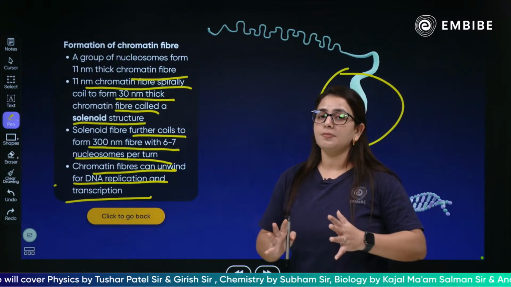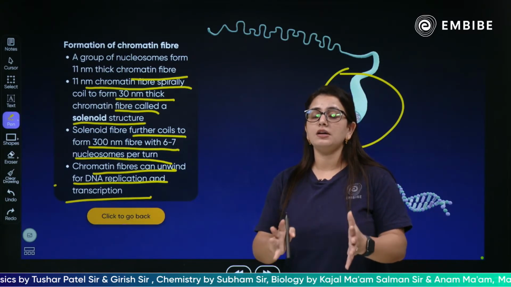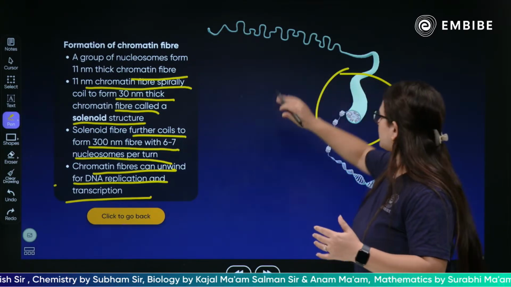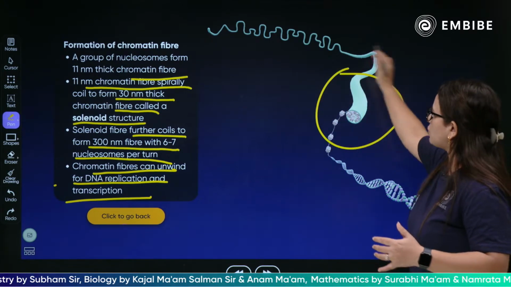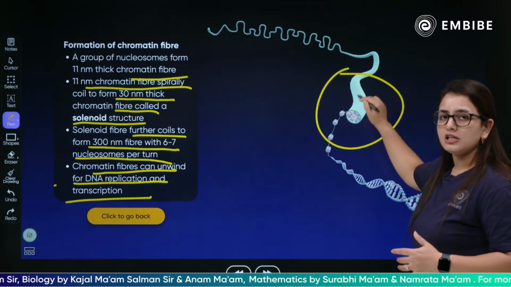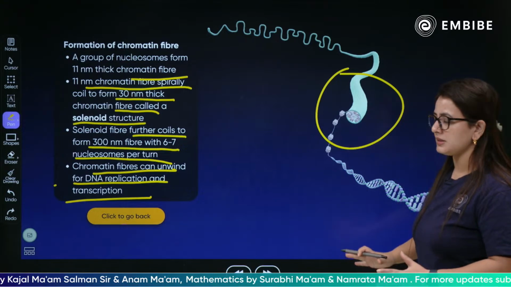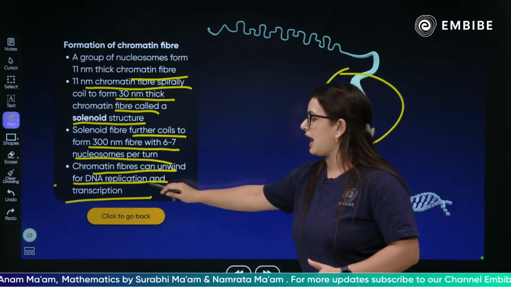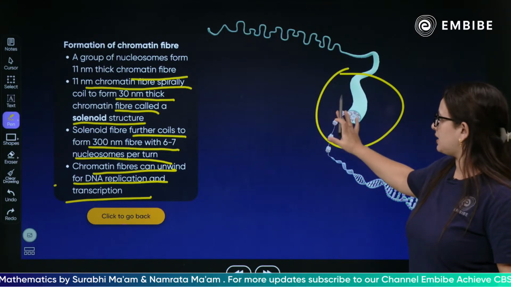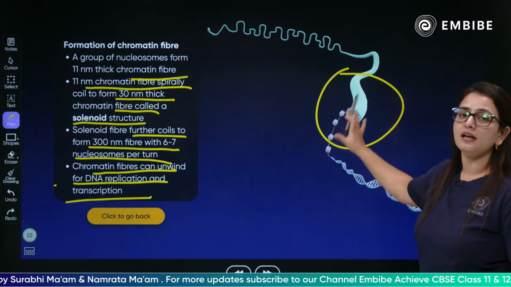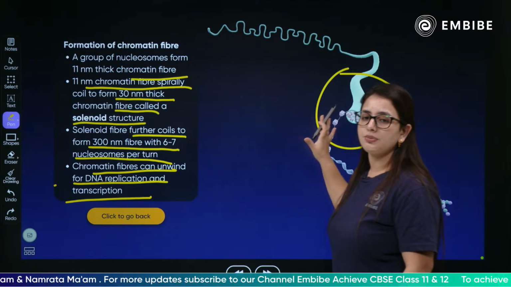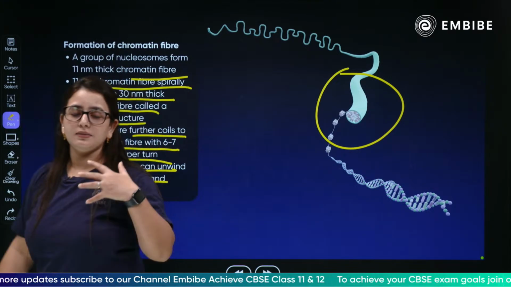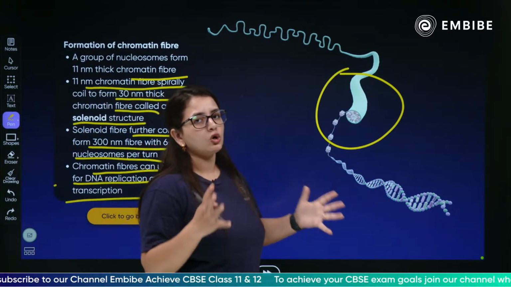So, children, chromatin fiber has two types: they can be transcriptionally active and open, or they can form a compact structure called the solenoid. This solenoid has lots of nucleosomes inside it. Whenever we need to open the packaging for DNA replication and transcription, the chromatin fibers can easily unwind and replication and transcription can take place. Don't get worried about what a solenoid is.